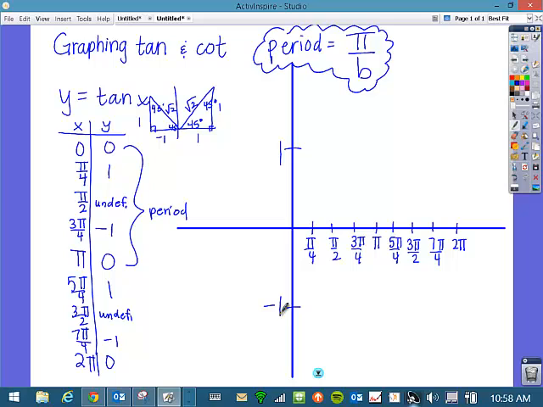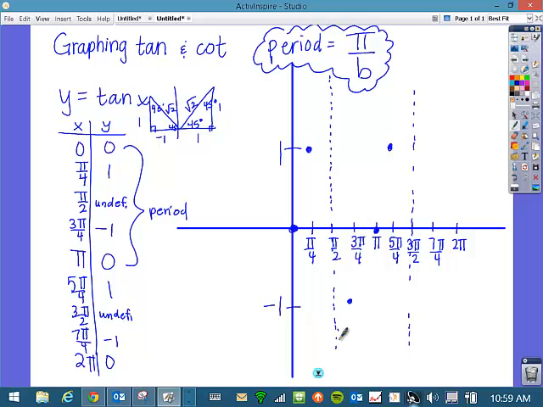Our amplitude is 1. Middle is 0. So at 0, we're at 0. At pi over 4, we're at 1. At pi over 2, it's undefined, so we're going to have an asymptote at pi over 2. Then at 3 pi over 4, we're at negative 1. At pi, we're at 0. 5 pi over 4, we're at positive 1. And then 3 pi over 2, it's undefined, so we're going to have another asymptote.